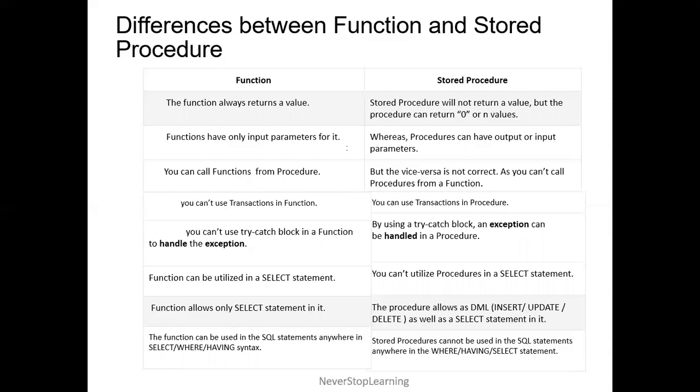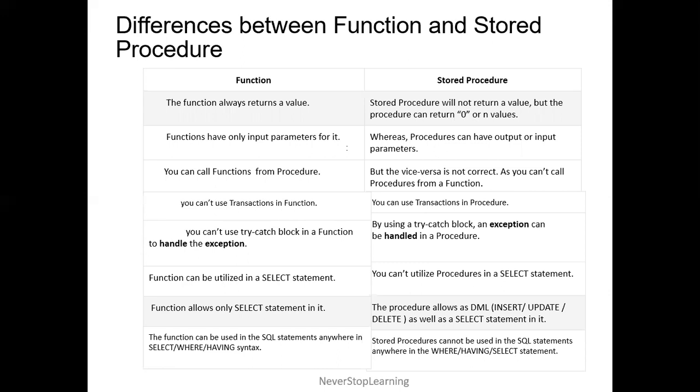You can't use transactions in a function, whereas in a procedure you can use transactions. You can't use a try catch block in a function to handle the exception, whereas a try catch block is allowed in a procedure. A function can be utilized in a select statement. You cannot use a procedure in a select statement.